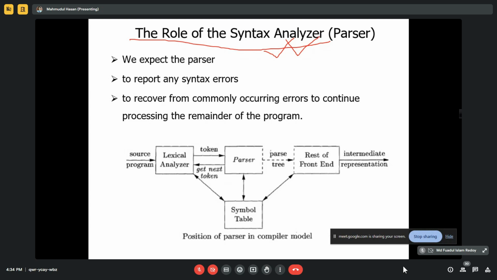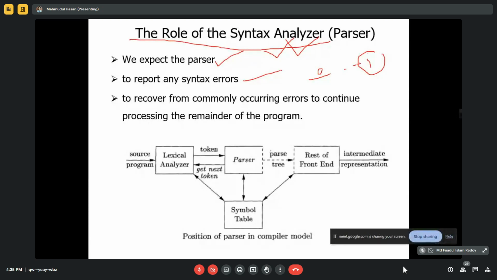At first it produces a parse tree or syntax tree, and if there is any syntax error, it detects it. Suppose you forget to put a semicolon at the end of a line in a C program. That is a syntax error, and it is detected by the syntax analyzer. So it will produce a parse tree or syntax tree, and if there is any syntax error in your source code, the syntax analyzer detects it.